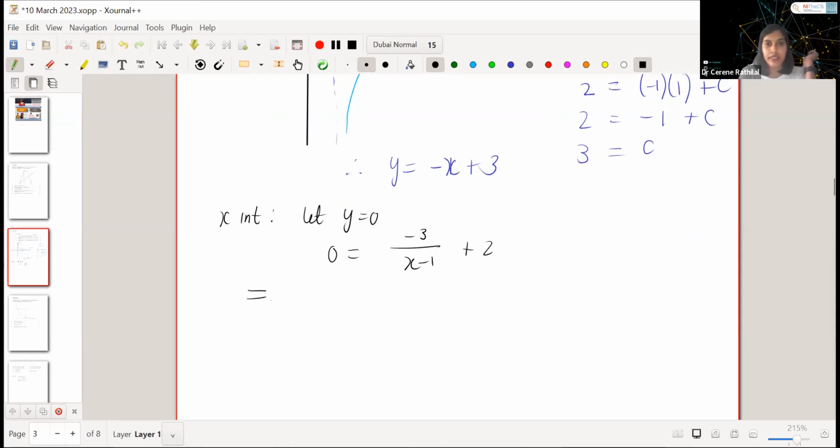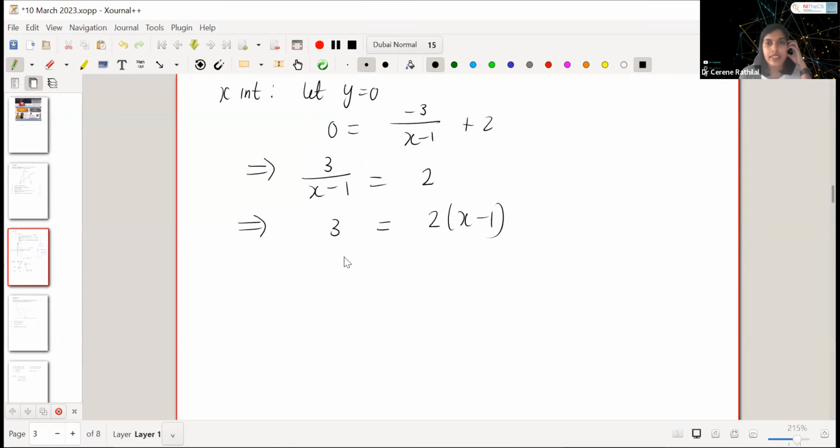So this then tells me that 3 over x minus 1 equals +2. Okay, I think we're all good there. Then I will multiply both sides by x minus 1. So I've got 3 equals 2 into x minus 1.